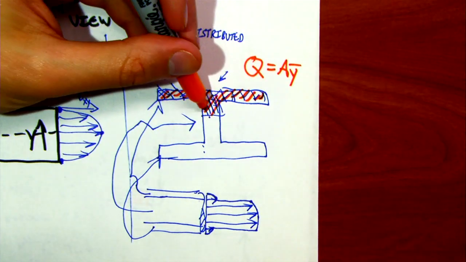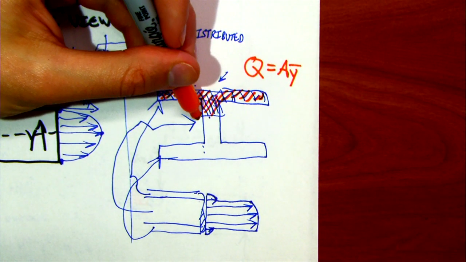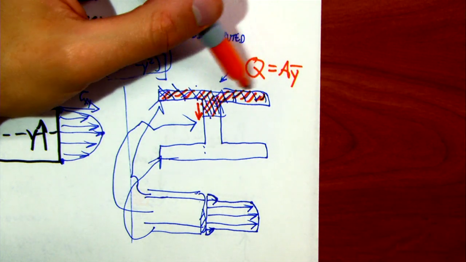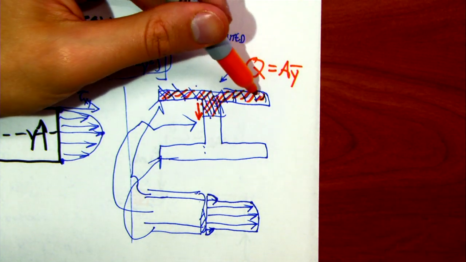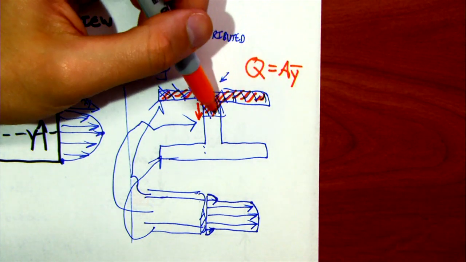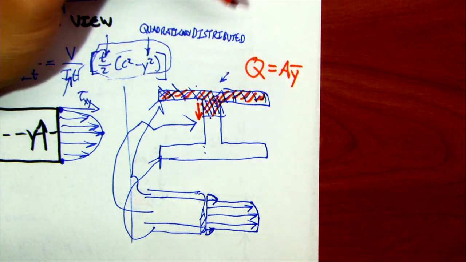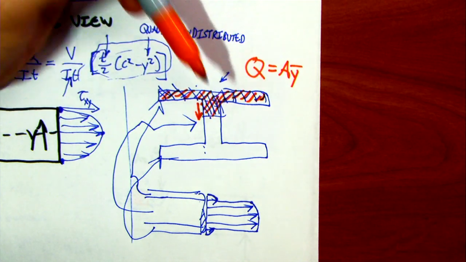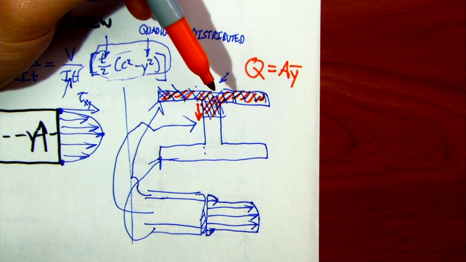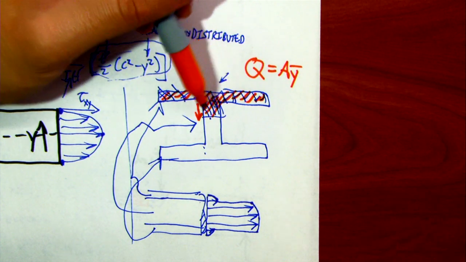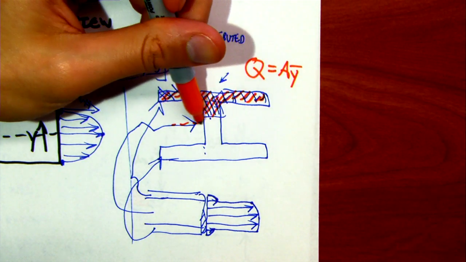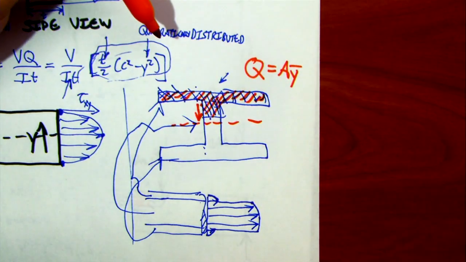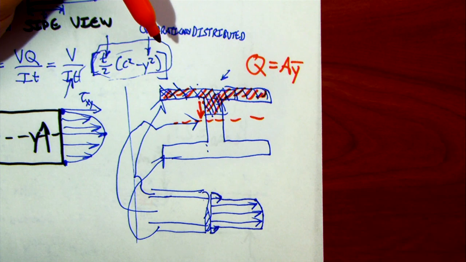So as we expand this section down through here, we have to account for the area of this entire orange section. We have to find the centroid of that entire section and all of that. We might actually have to do it in like 2 or 3 parts, right? Or really, it's going to be a symmetric distribution because the part's symmetric. So as long as we find Q up until this centroidal axis, we can just mirror it on the other side.